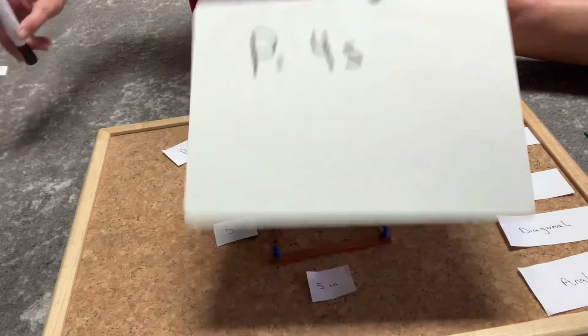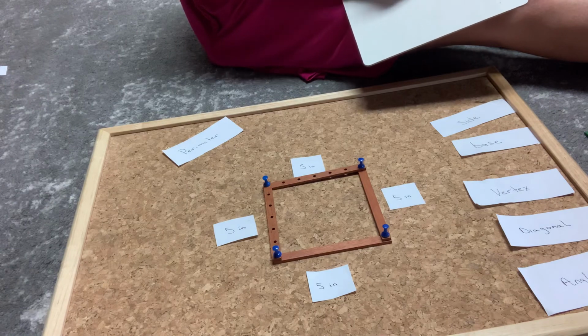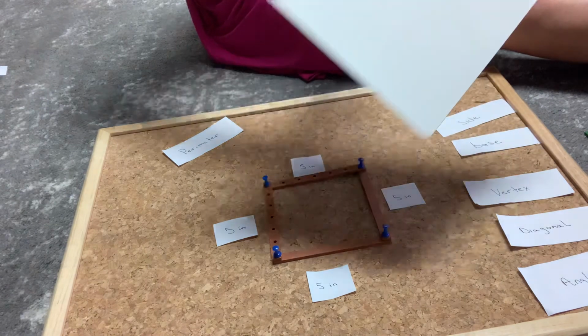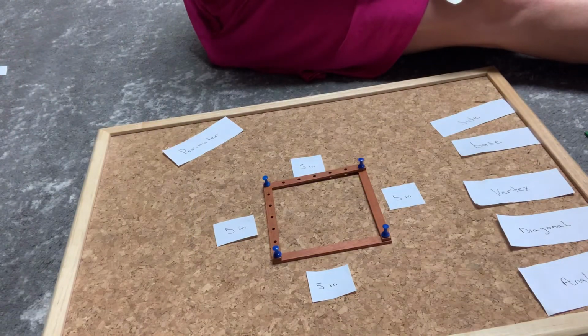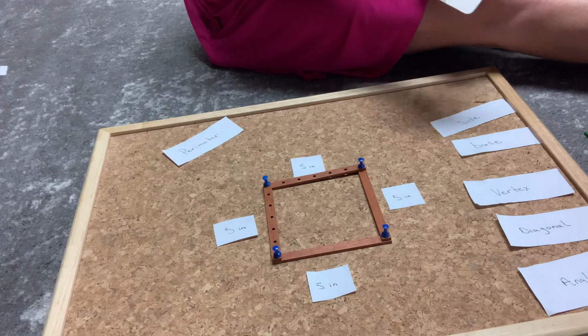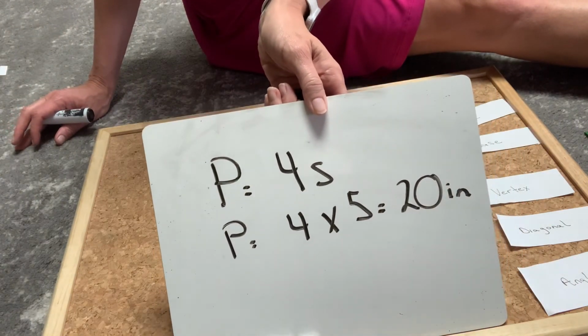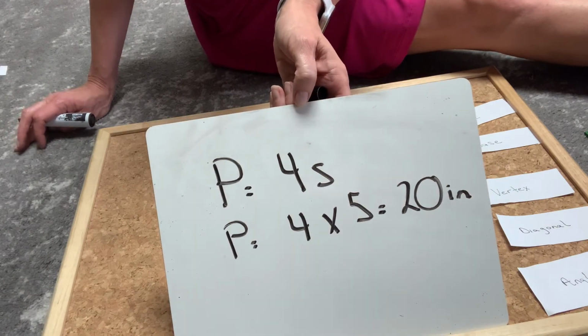So I would write the perimeter equals 4 times 5, because each side is worth 5, right? And that would give us, again, 20 inches. So that is how we calculate perimeter, and those are the parts of a square.